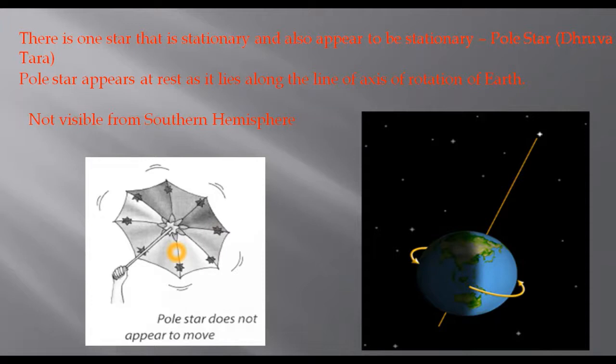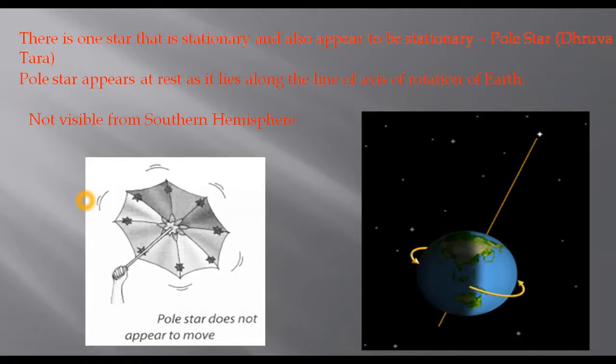Take 9 or 10 small stars, make them out of paper, and then paste one star at the top position of the central rod. You can see the central rod. Place one star at the top position of the central rod of the umbrella, and place other stars at different places at the edges on the umbrella cloth, near the end of the spokes.